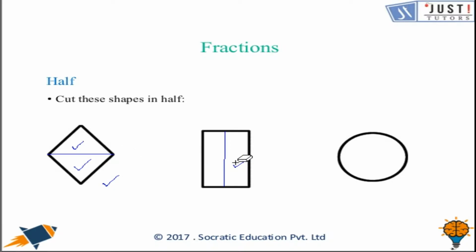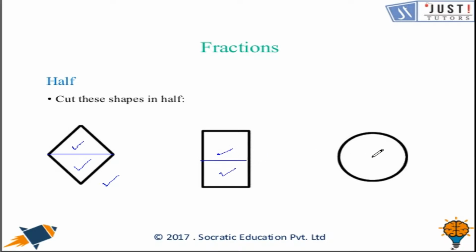Alternatively, you can cut it into another 2 halves by joining these 2 points of the left hand side and the right hand side, like this. So again you'll have 2 halves.